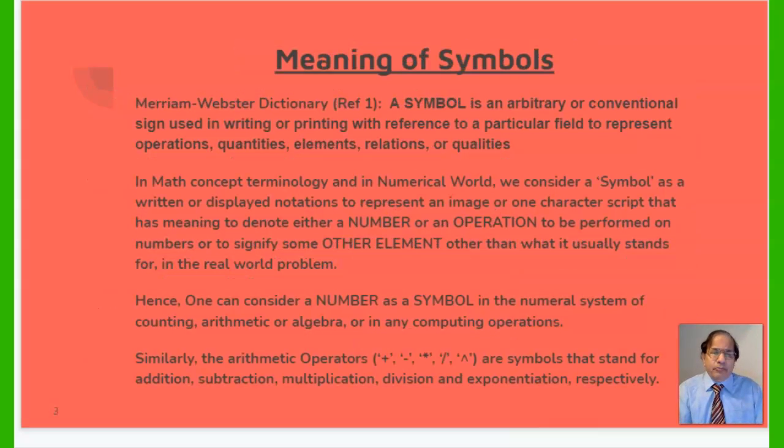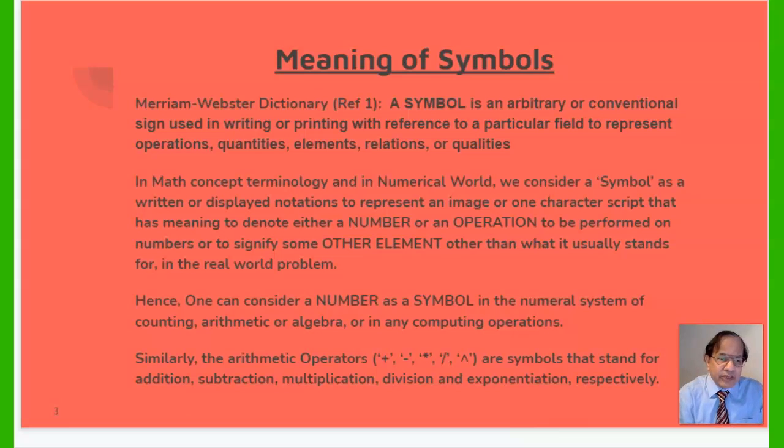First, we talk about the meaning of symbols and numbers. So first, let's start with symbols. We are going to use two sources to define the meaning of symbol. One is the Merriam-Webster dictionary. Of course, we can look it up on web by typing word symbol.